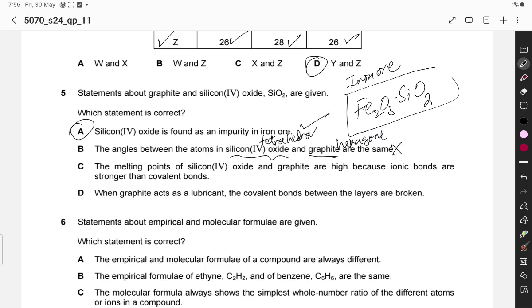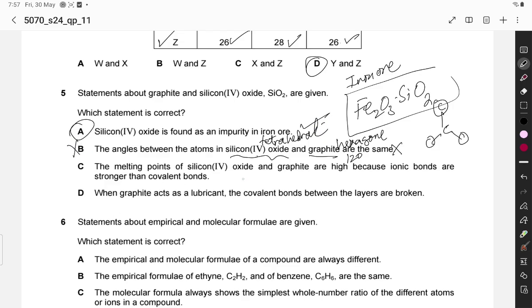So the angle between the atoms in silicon(IV) oxide is 104.5, while over here it is 120, because each carbon is surrounded by 3 carbon atoms, while silicon(IV) oxide is a tetrahedral structure. So that's why it is incorrect.